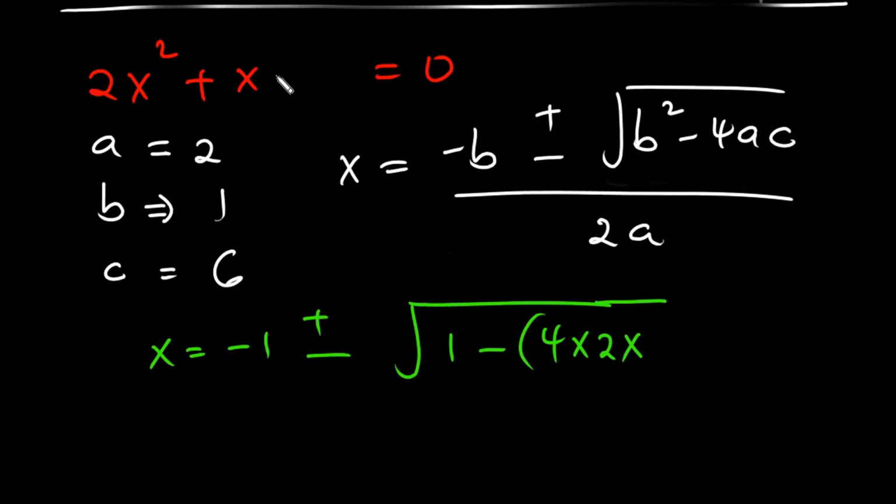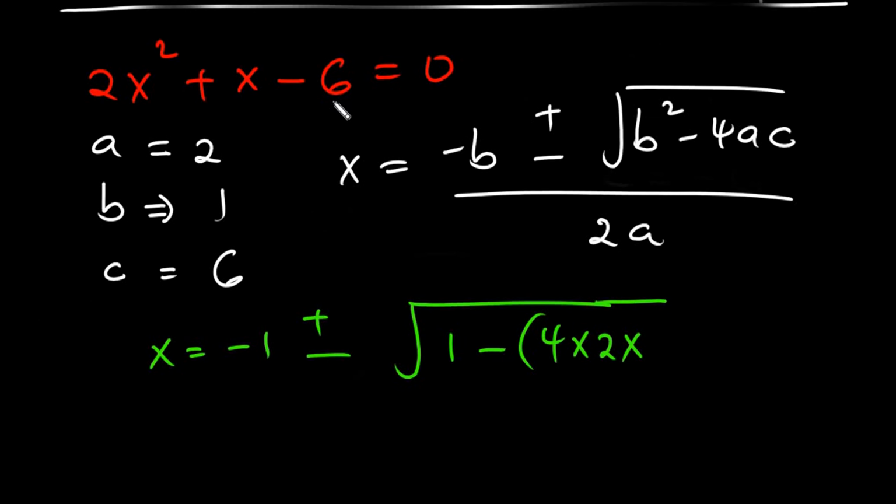This is because when we work it that way, we are going to get a complex number, and I know you may not be familiar with complex numbers. That will take us to a whole different thing.